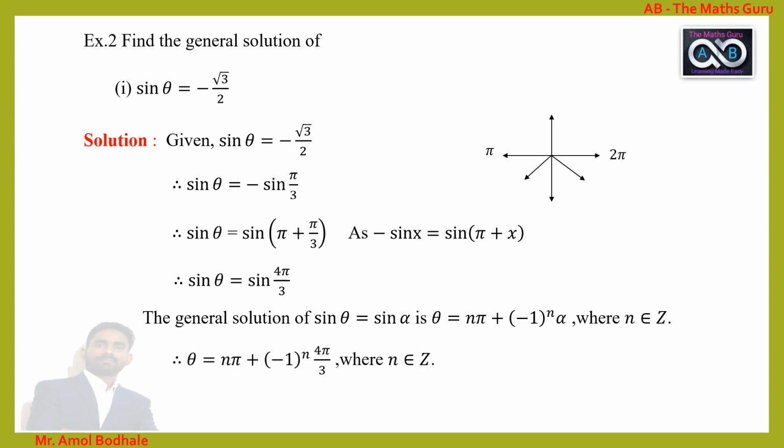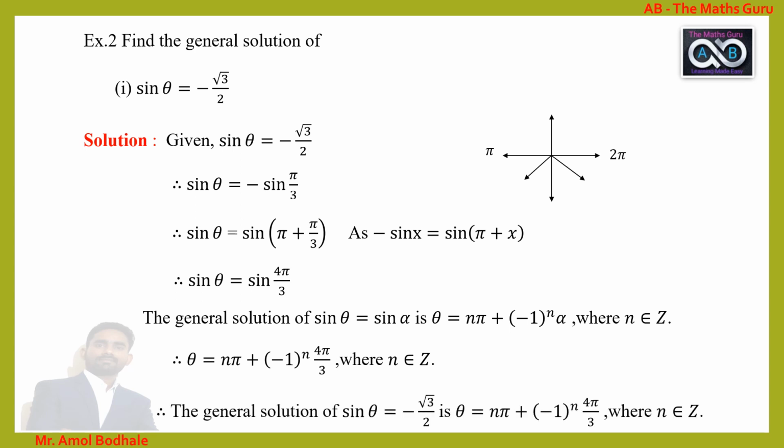Therefore theta equal to n pi plus minus 1 raised to n 4 pi by 3, where n belongs to z. So the general solution of sine theta equal to minus root 3 by 2 is theta equal to n pi plus minus 1 raised to n 4 pi upon 3, where n belongs to z.